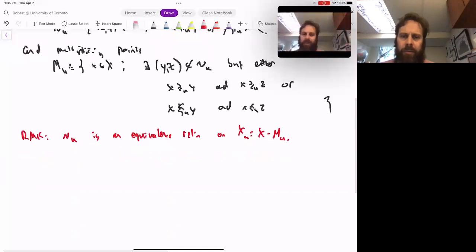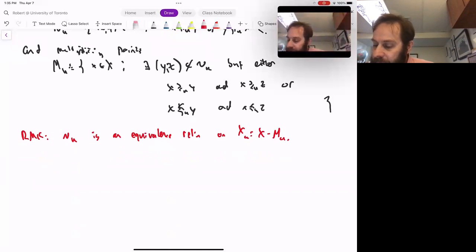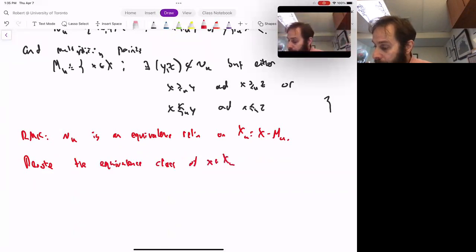That's basically the definition of multiplicity, set up so that tilde u is an equivalence relation. Let's denote the equivalence class of x by, sometimes I'll call it Q(x), but more often I'll call it x tilde.